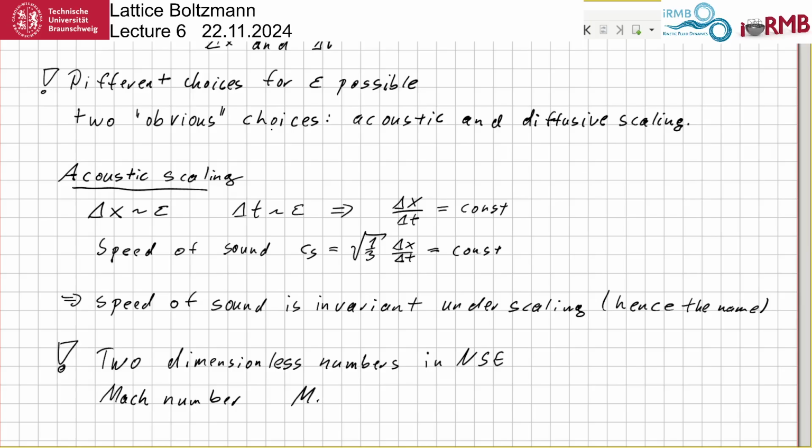Because I'm using things without star as dimensionless numbers, I will now put dimension-carrying variables with a star, right? So this divided by CS, say this is a physical velocity scale.